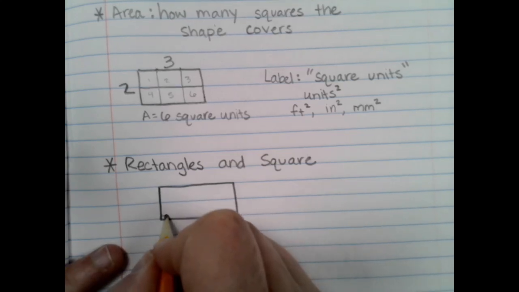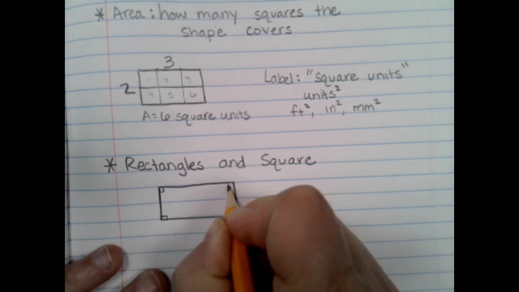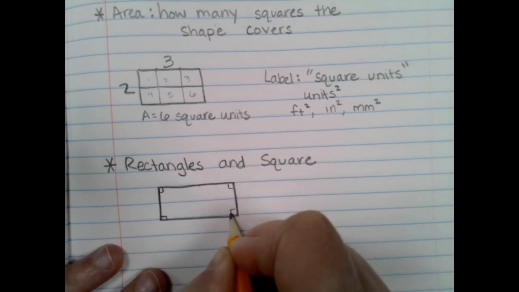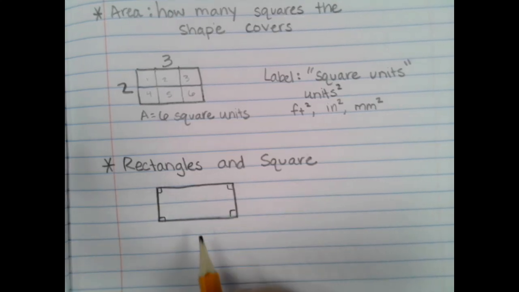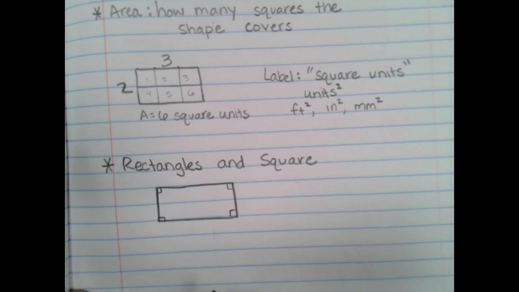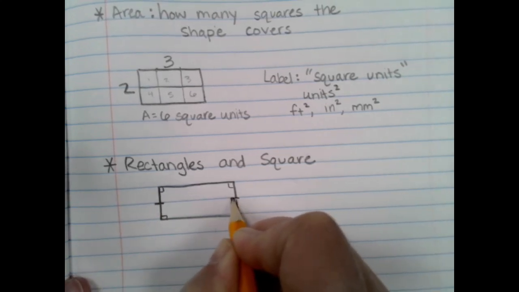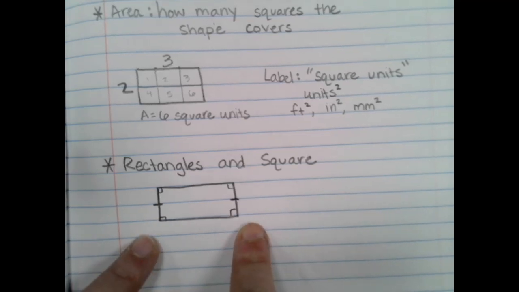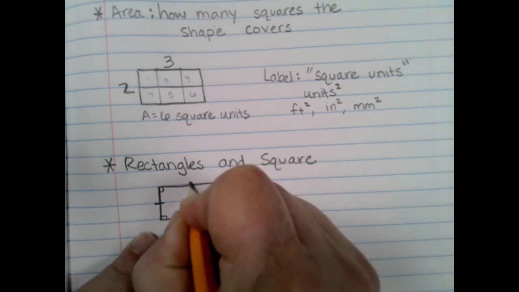So we can put those little boxes in the corners. They're all 90 degrees. What else do I know about the opposite sides? Which parts are going to be the same? Opposite, yeah. So this side is congruent to this side, so we can do a tick mark there showing that these match. And the top is going to match the bottom.